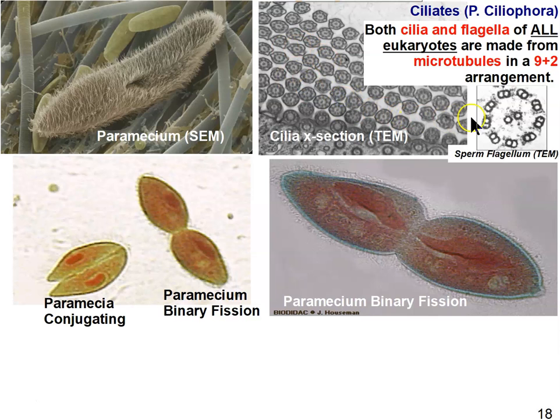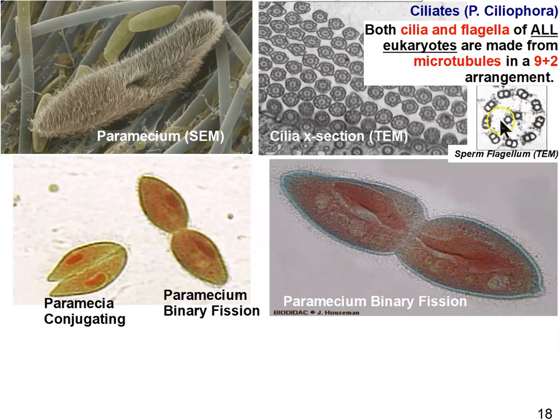So here's a closer view of a transmission electron micrograph through a sperm flagellum. So again, this shows that flagella and cilia have the same microtubule structure, and we call that a 9+2 arrangement of microtubules.